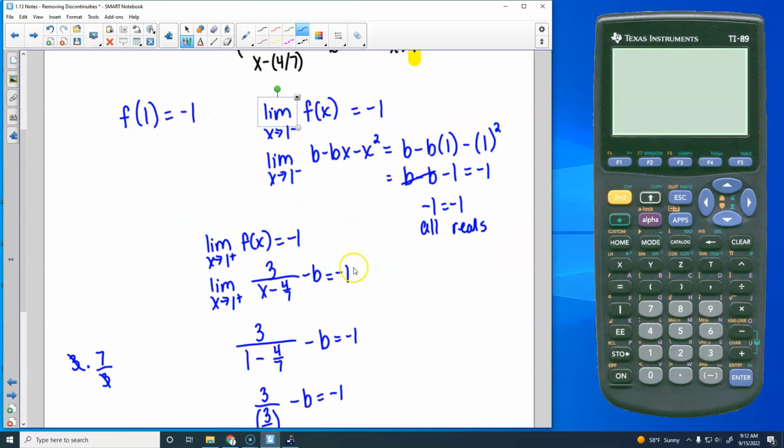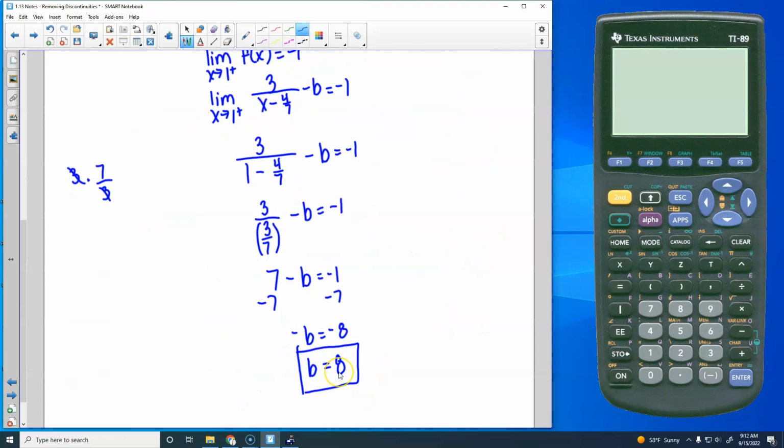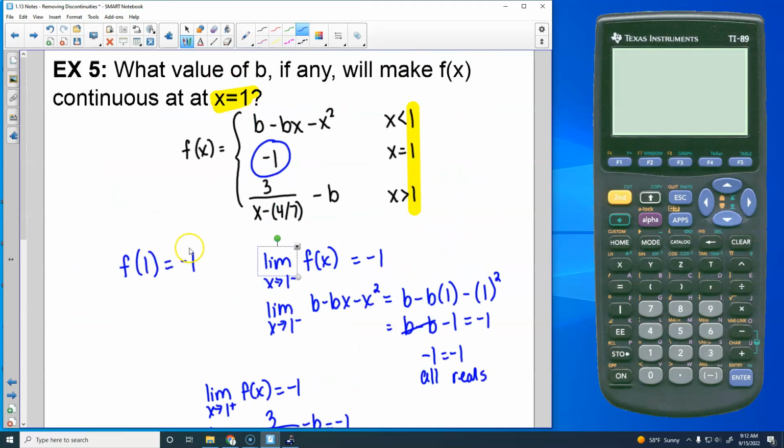So since the only answer that works for that second one that we did is 8, then 8 needs to be your answer. Now, if you got different answers for your b's, if you got like a 5 for the first equation and an 8 for the second one, that would be an issue, because that would mean it could not be continuous. That shouldn't happen on a question that's worded like this, because it's saying that there is a value that will make this continuous.